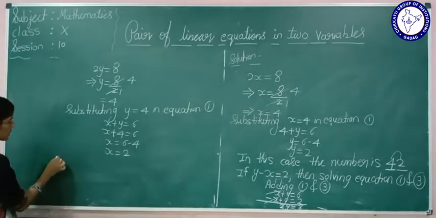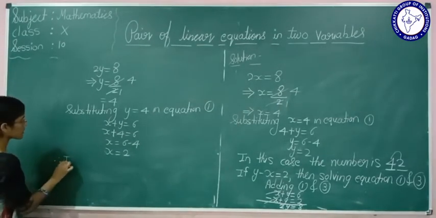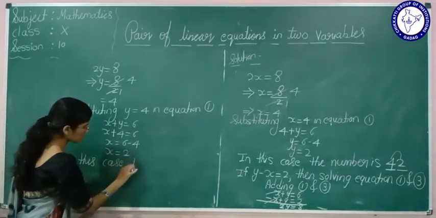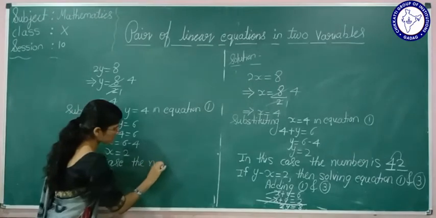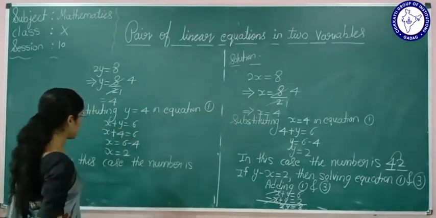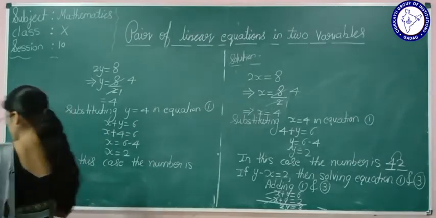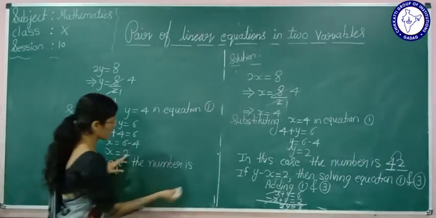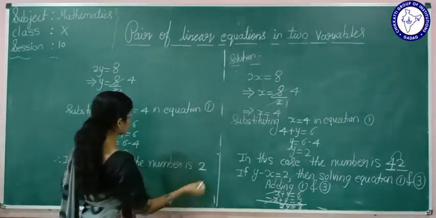Okay. Therefore, in this case, what is the number? The number is: x is 2, y is 4.